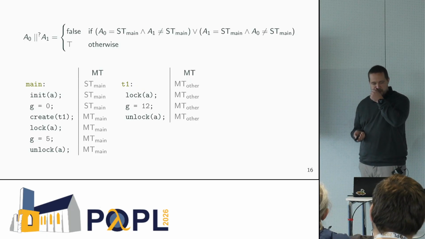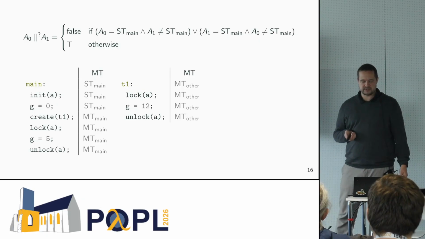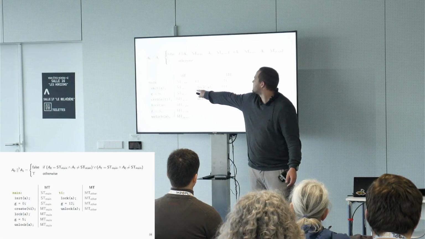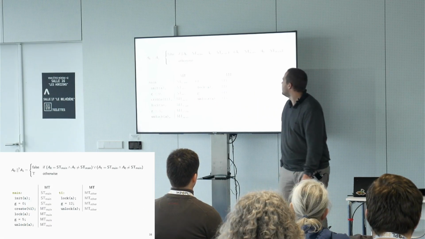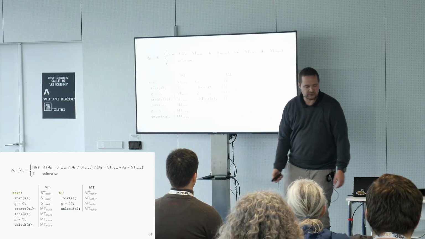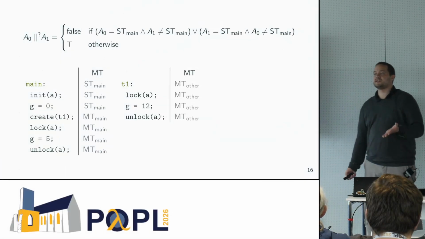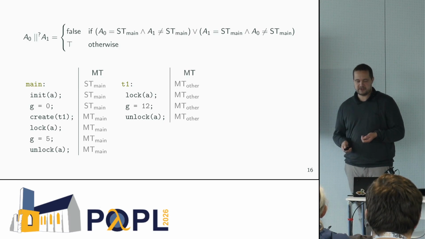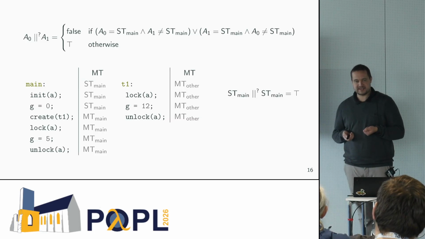So for example, we might be able to exclude the race between this access here, where we set g to 0, and this access here, where we set g to 12. However, this is also an example of why this generic definition is not always precise enough. Consider, for example, this case here.